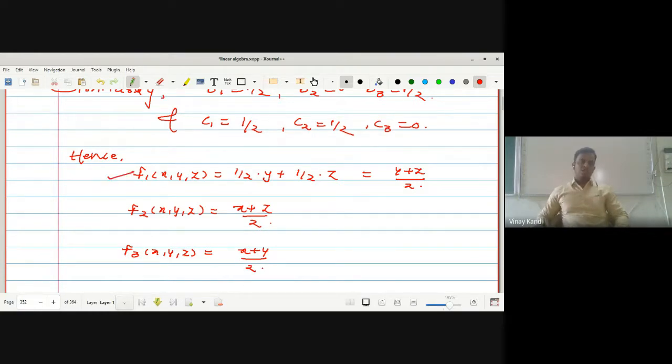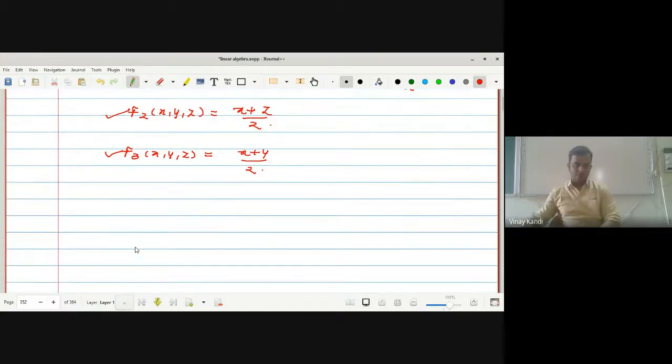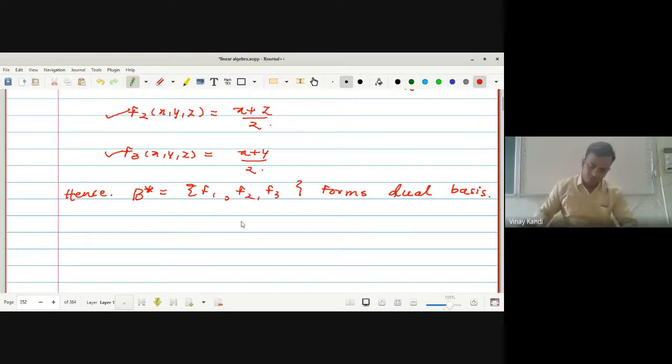Okay, so these are the three linear functionals, and this set forms the dual basis of B. Hence B star is equal to F1, F2, F3 forms the dual basis. Okay, any doubt up to here?